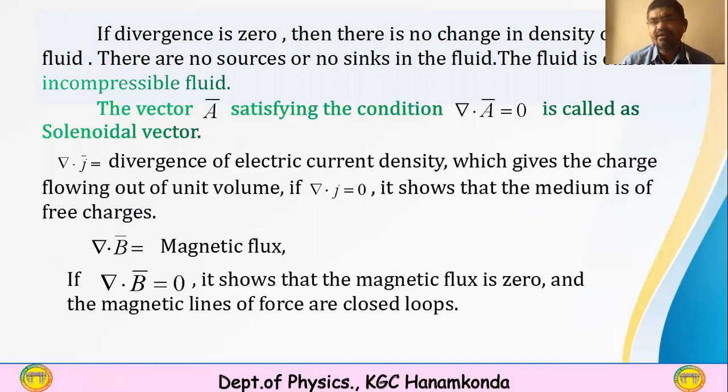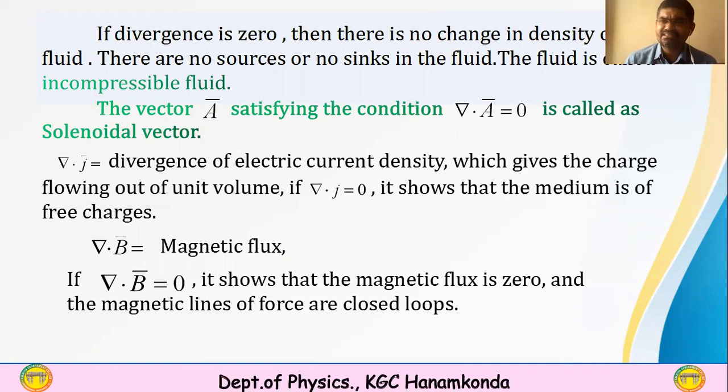The condition for an incompressible fluid is that the divergence is zero. If del bar dot A bar is zero, that vector field is representing an incompressible fluid. If the vector A satisfies the condition del bar dot A bar equals zero, that means the divergence is zero, that vector is also termed as a solenoidal vector.